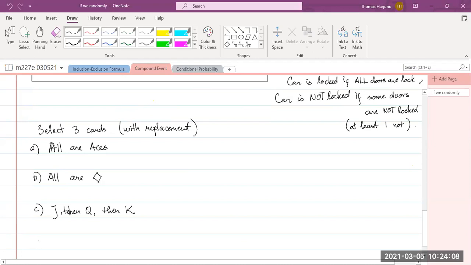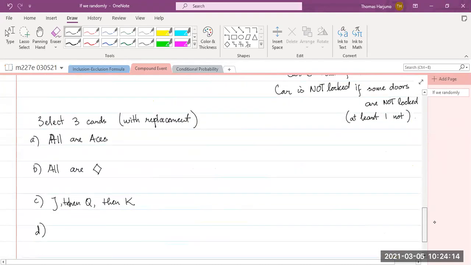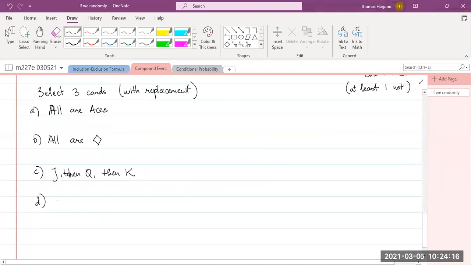Find the probability of no King. Find the probability of no club. But we will do the first 2 questions first, and then the rest I will ask you to do.